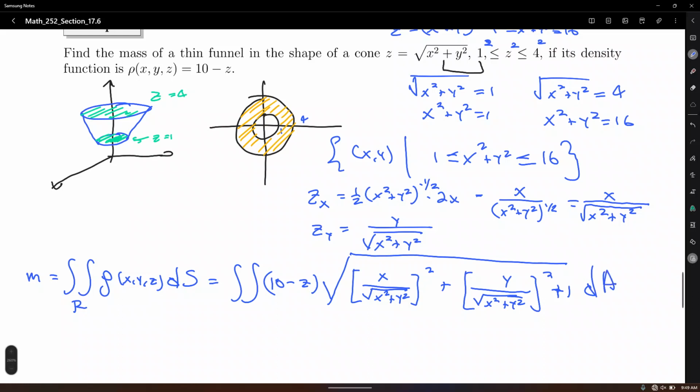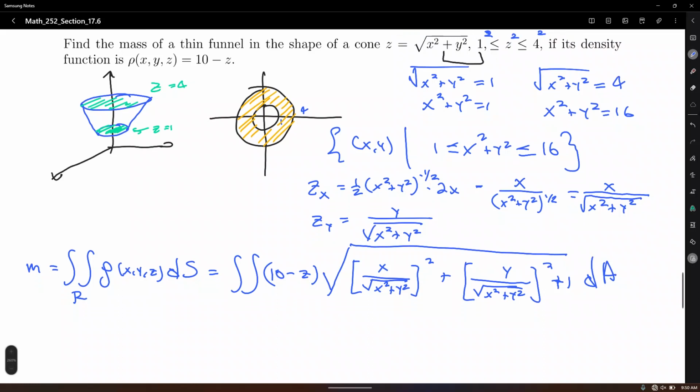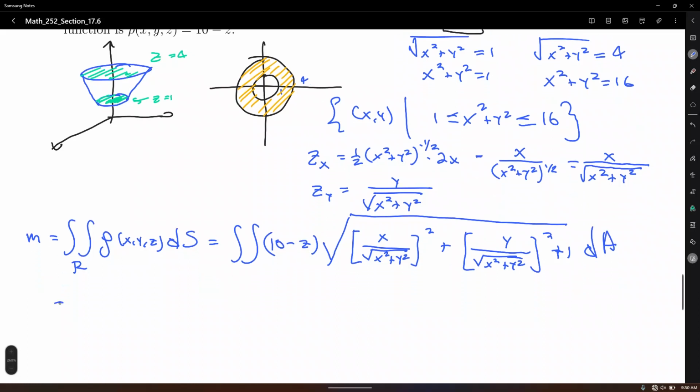Huge integral, finally, right? One of those we like, right? But actually, don't worry. This one is going to simplify really, really nicely.